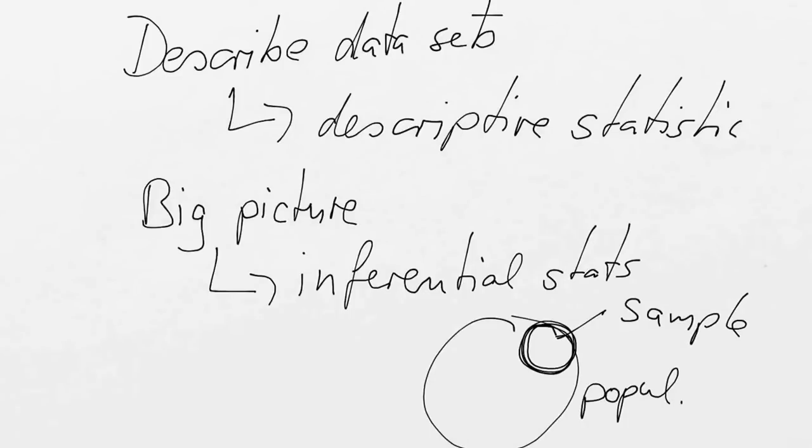So this is the difference between descriptive and inferential statistics, and also I showed you the difference between a sample and a population. Now, let's go a little bit back to descriptive statistics and ask, what can I do with descriptive statistics?